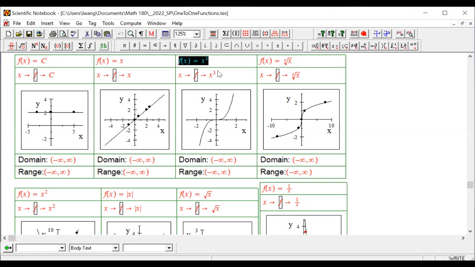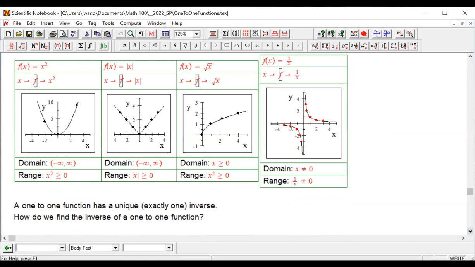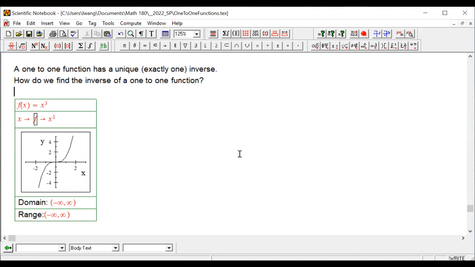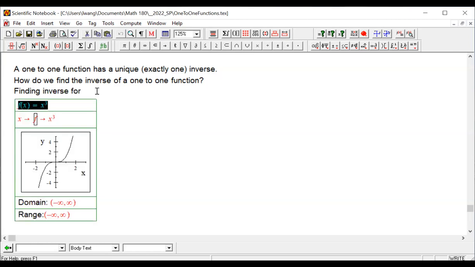We know this function has an inverse, so I'm going to show you an example of finding the inverse for f of x equals x raised to the power 3.